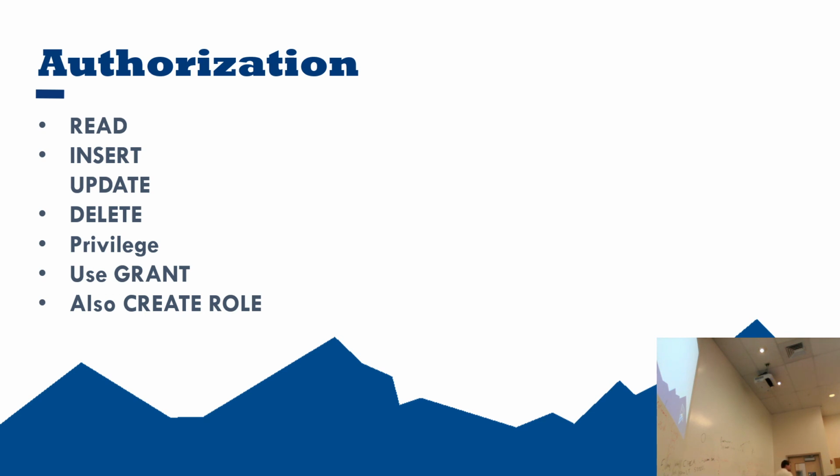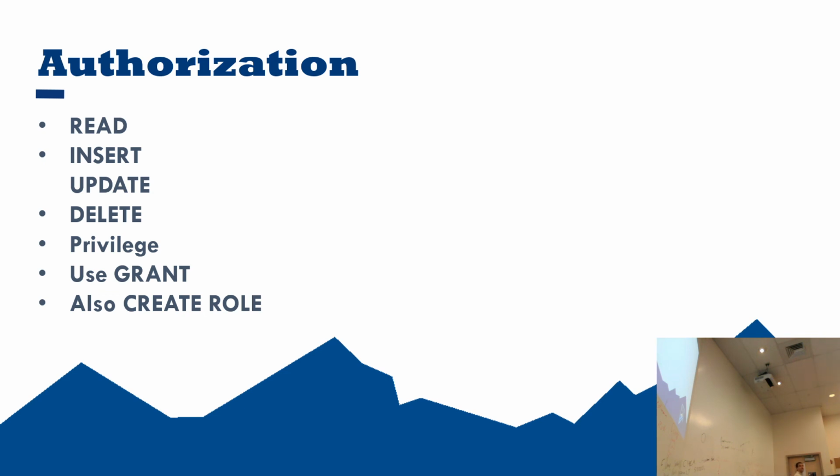So you have a read privilege. If you have the privilege to read something, what does that mean? You can look at it. So in SQL, that probably is relating to select, right? Doesn't have to, but it most likely is. Insert. What does that mean in SQL? Add new records. Update. What does that do?